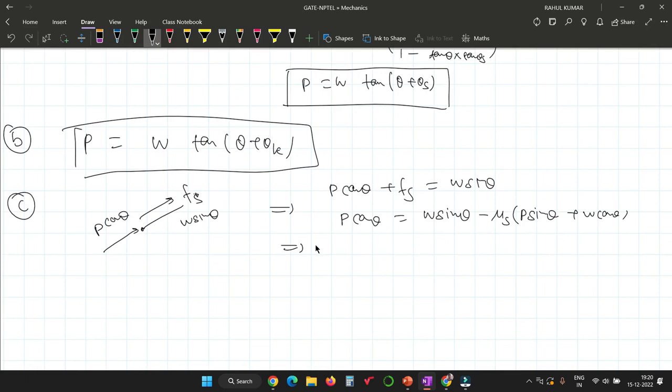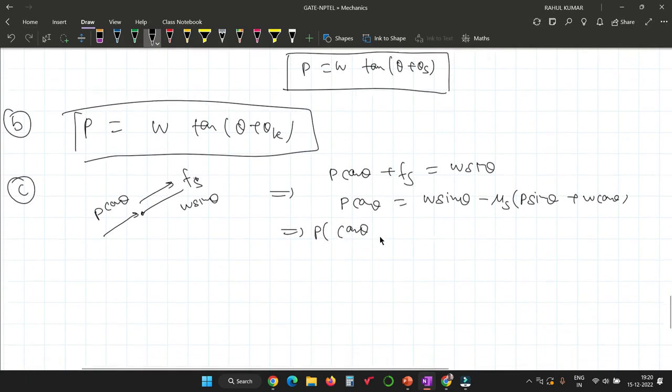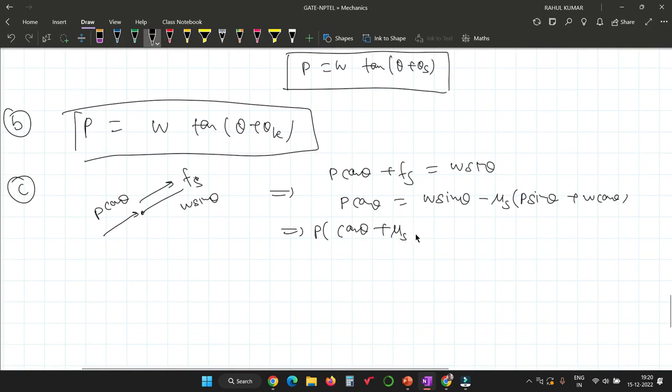Now take P as common: P(cos theta plus mu s sine theta) equal to W(sine theta minus mu s cos theta). Then you will get P equal to W tan(theta minus theta s).